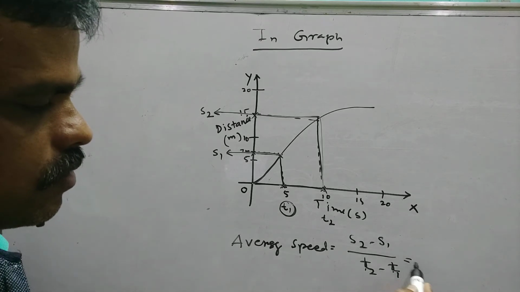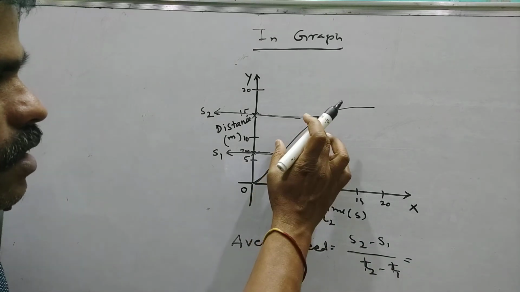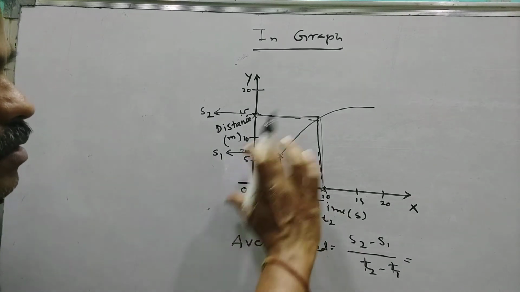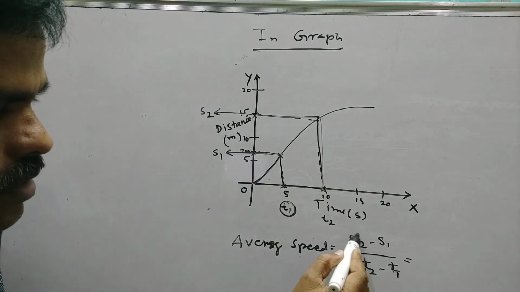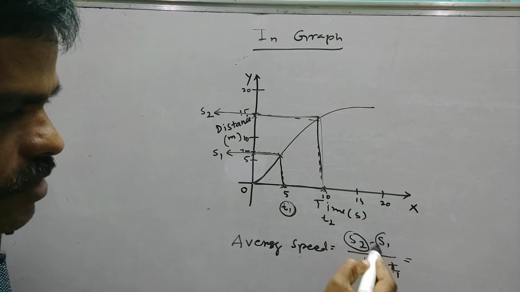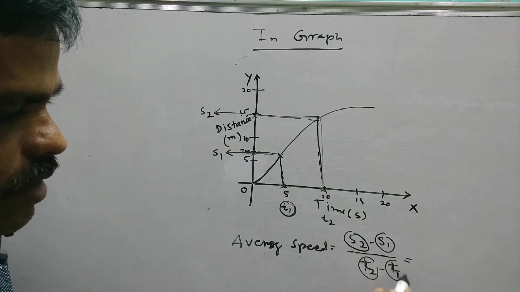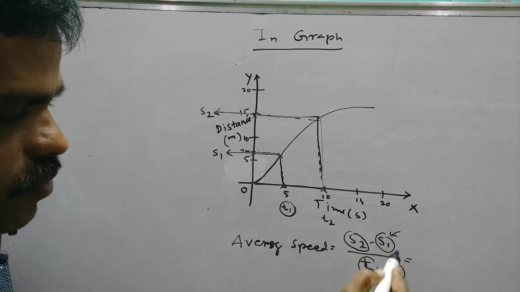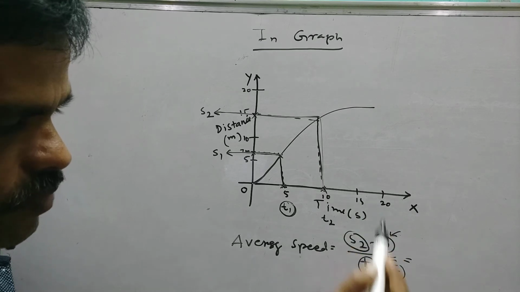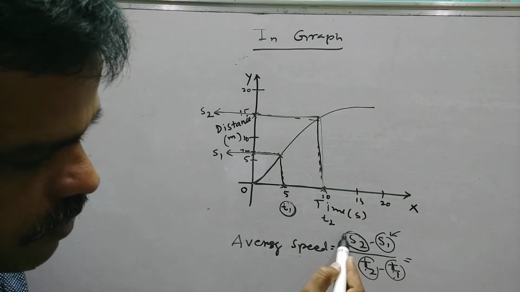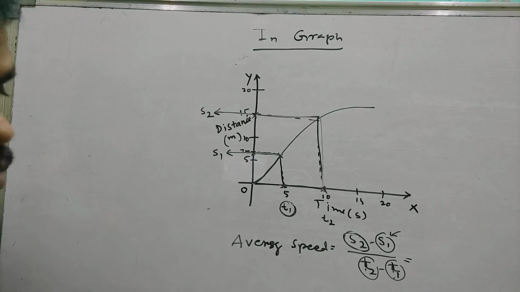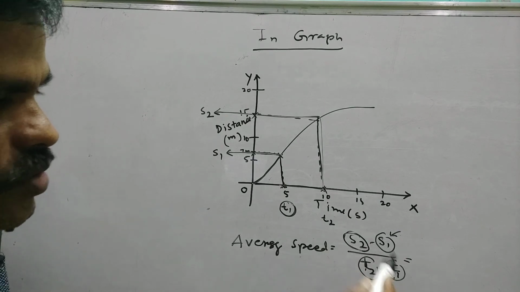So here between 2 points I am calculating the average speed of the particle, that is S2 minus S1 by T2 minus T1. At time T1, the travel distance of the particle is S1. At time T2, the travel distance is S2. This is the formula, S2 minus S1 by T2 minus T1.